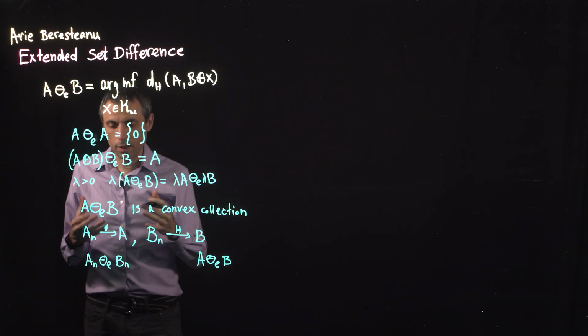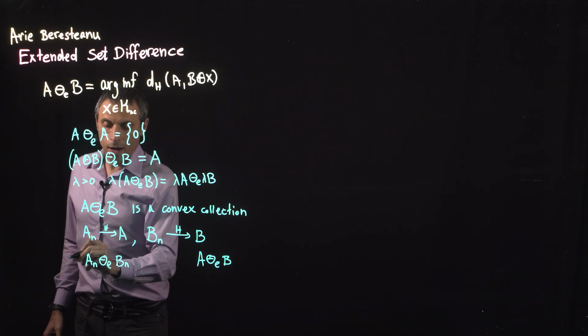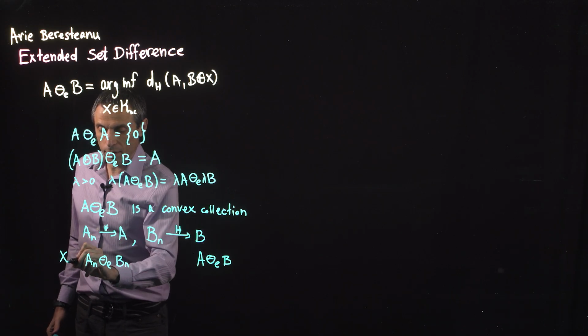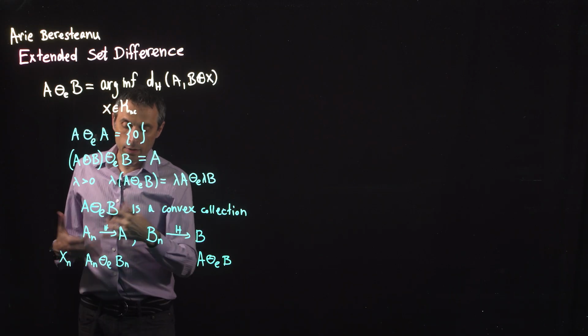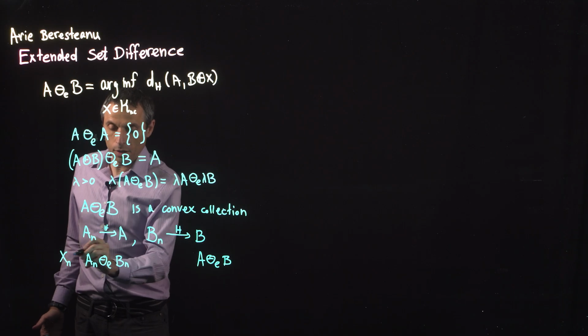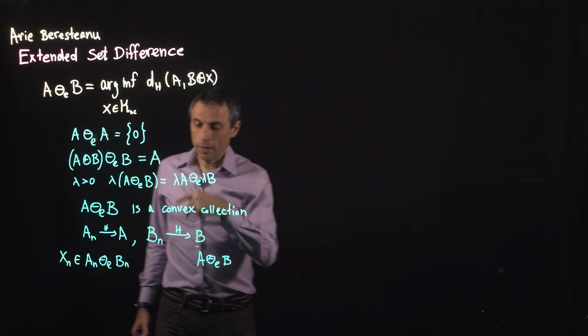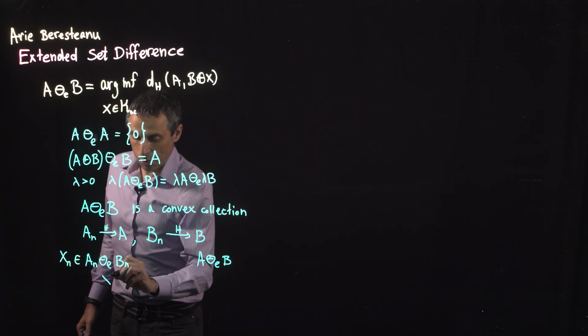So what we say is that there exists a sequence of sets that you can find, called Xn. And for each n, Xn is one of the elements in this collection. It will have a convergent subsequence.